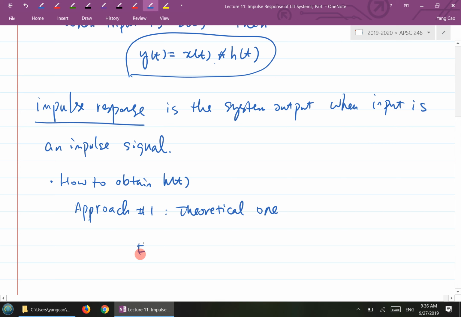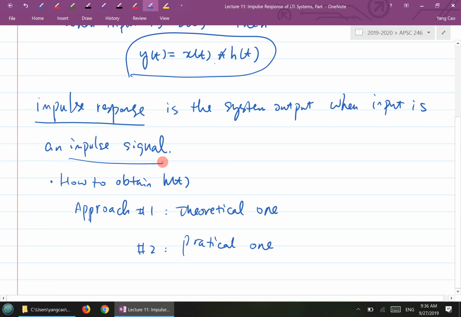And approach number two is more of a practical approach. A practical approach is what I mentioned at the end of the last lecture. If the impulse response is the system output when the input is an impulse signal, then you have to give the system an impulse signal as input.